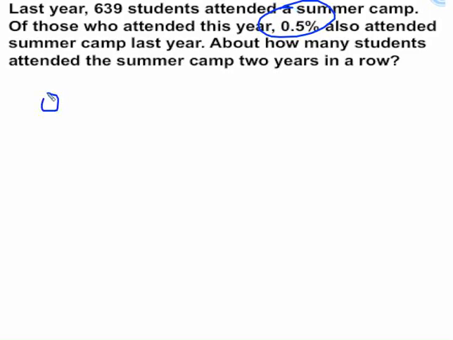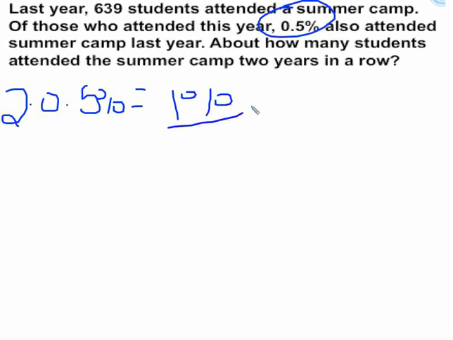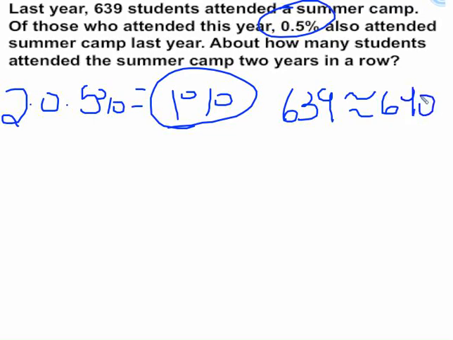So I know that 0.5%, if I multiply that by 2, is equal to 1%. So let's work with that 1% again. And we know that 639, in this case, well, that's roughly 640.